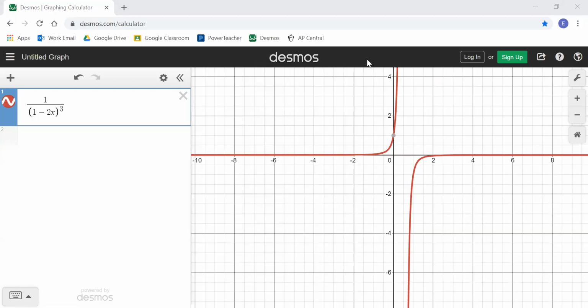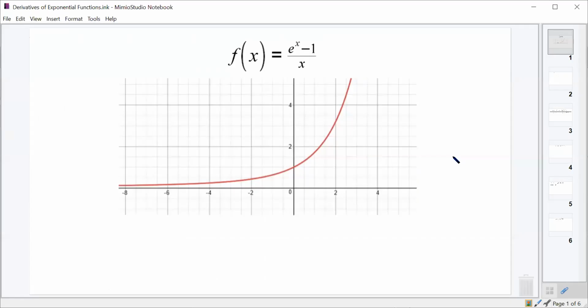We're going to change gears a little bit, and we're going to start talking about exponential functions. So here is some seemingly random exponential function. f of x equals e to the x minus 1 all over x. I want to ask you one quick question about this function, and then we're going to move on from it.